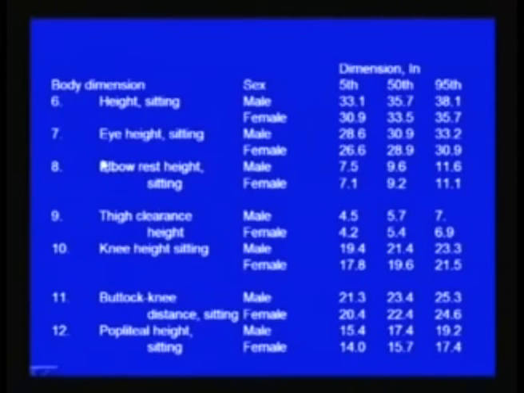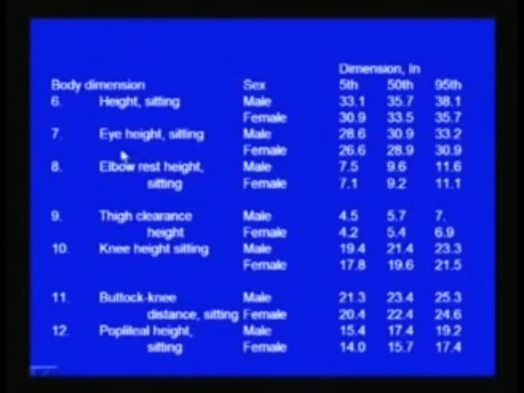Here some other body dimensions with respect to different reference points in sitting positions are given, for male and female, for the 5th, 50th and 95th percentile, and all these dimensions are also given in inch.